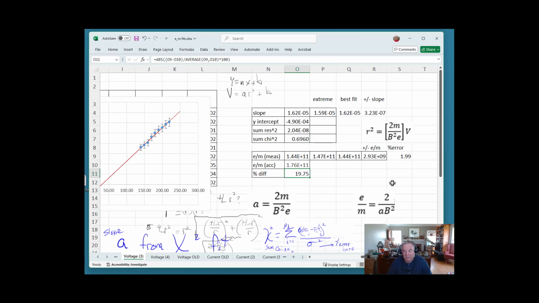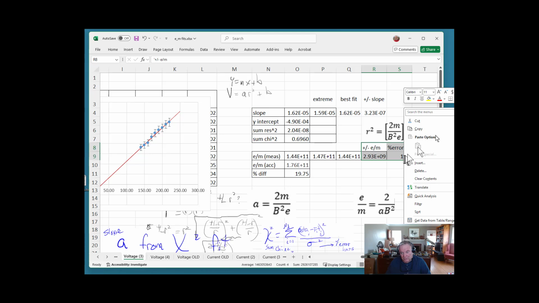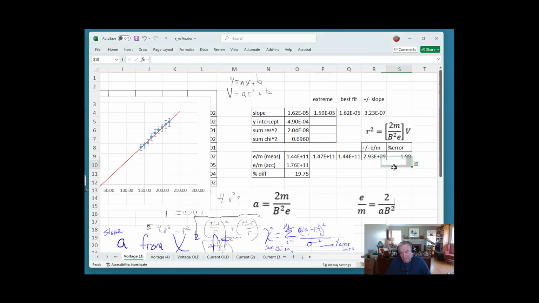Fine enough. I mean, in a sense, we could argue that we've made a new measurement because our 1.99 is smaller than the percent difference. So that means that maybe the previous measurement might be wrong. It's probably not true, but at least we have something to start with here.